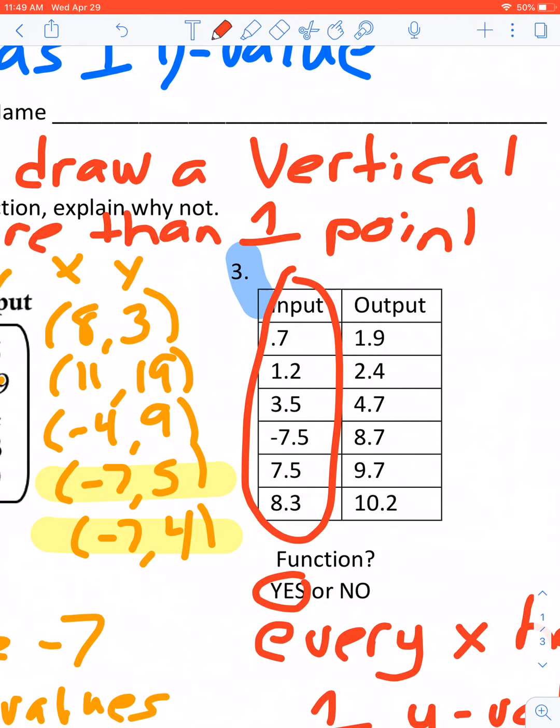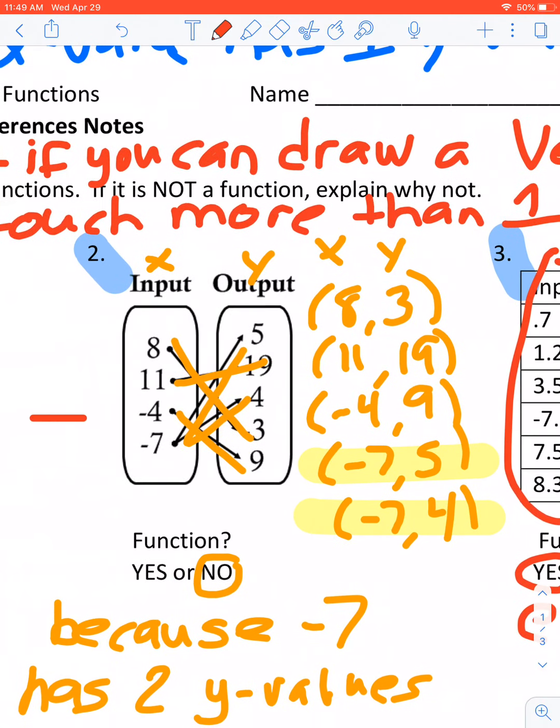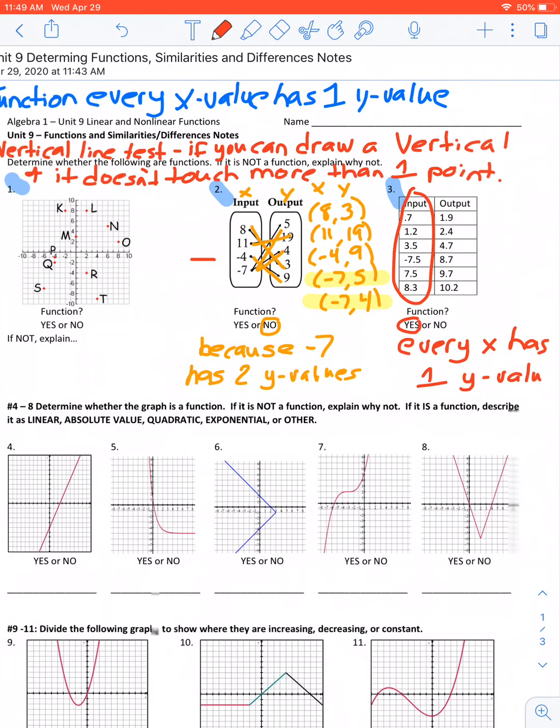So the vertical line test is if you can draw a vertical line. Okay, so let's look at this whole thing real quick. If you can draw a vertical line and it does not touch more than 1 point, it is a function. If you can draw a vertical line and it touches more than 1 point, then it is not a function.